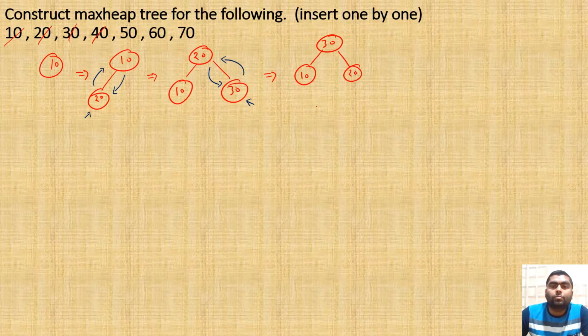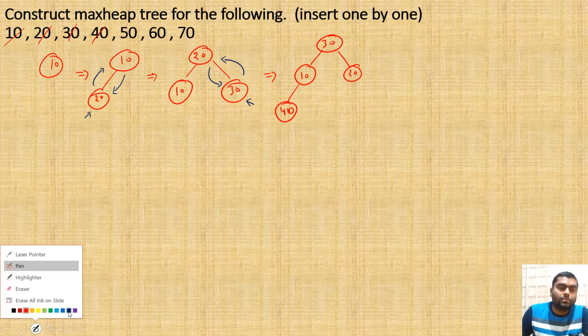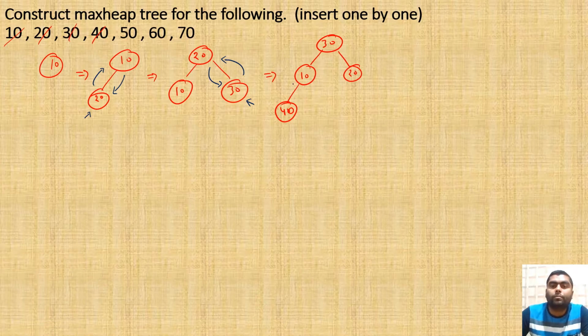Okay, next is what? 40. As soon as you insert 40, 40 will be left of 10. So what is the problem? The problem is it is not a max heap. So now just convert this to a max heap. Compare to parent. The parent is less, that's why one swap is required. And after one swap, one more swap because the parent is less.